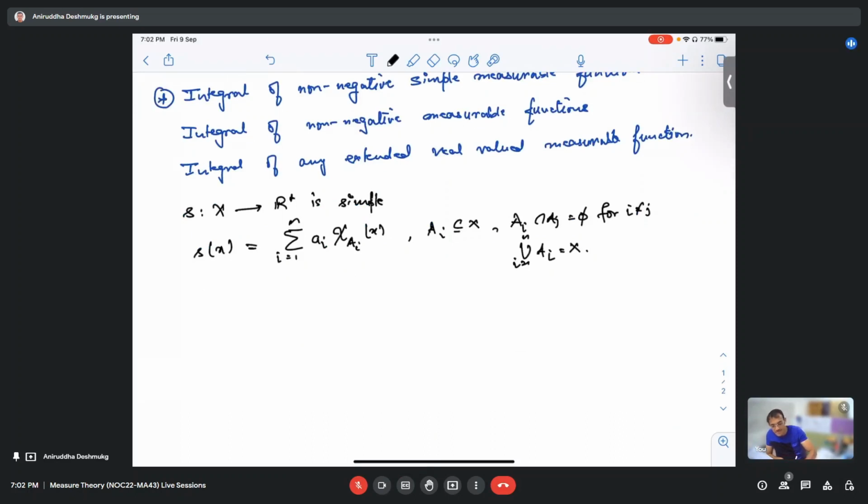And moreover, if it is measurable, then there is the additional assumption that these A_i's all come from the sigma algebra S, which makes this X a measurable space. Okay.